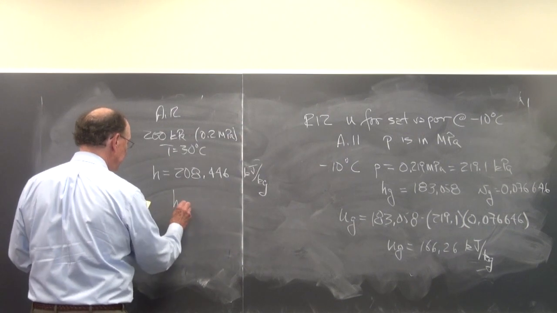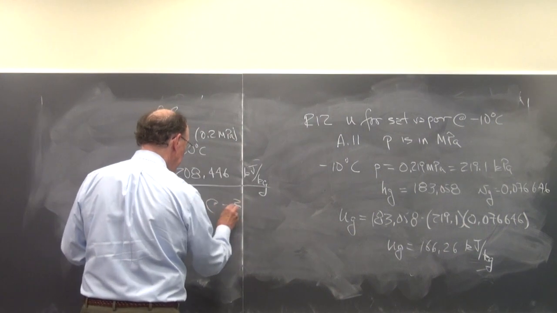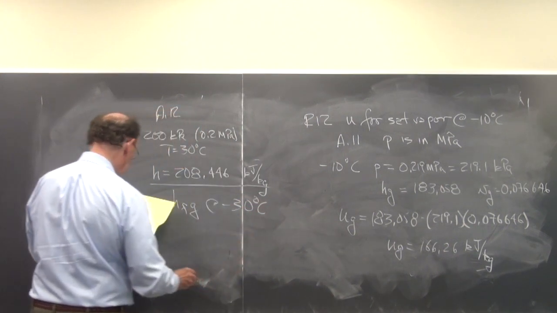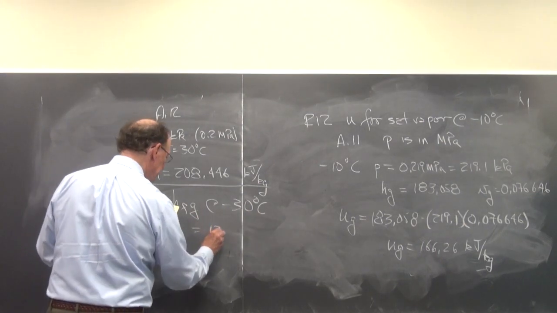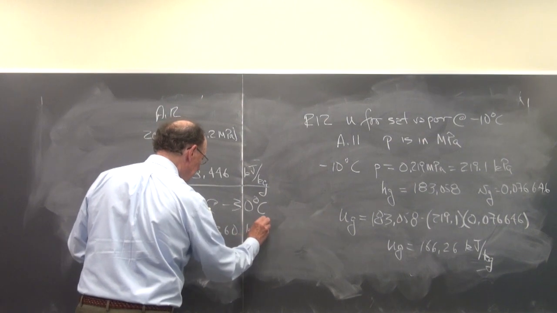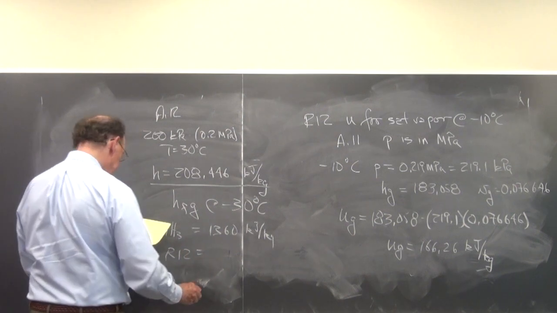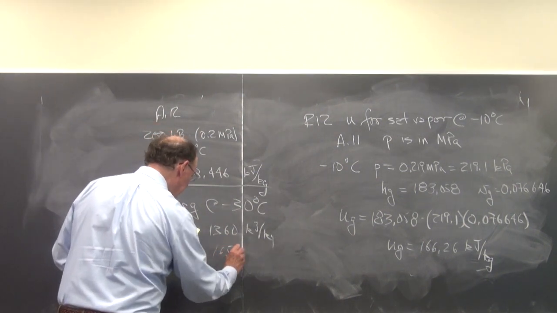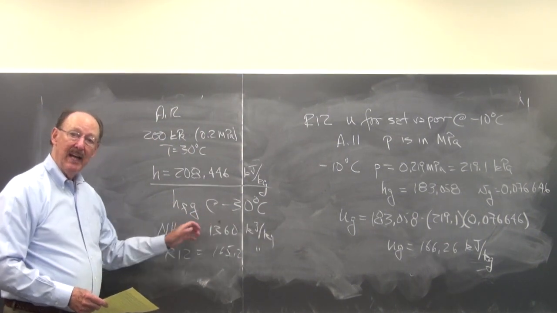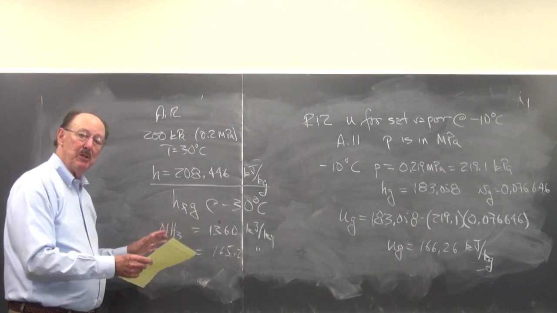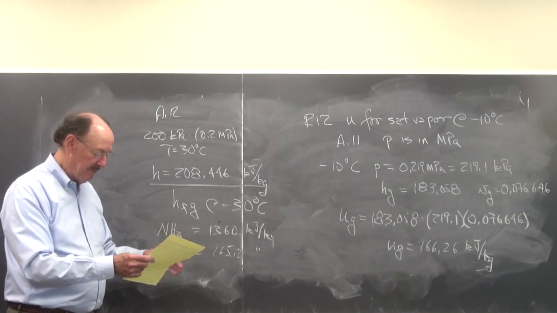So let's look at h_fg at minus 30 degrees C. For ammonia, it's equal to 1360 kilojoules per kilogram, and for R12, it's equal to 165.2 kilojoules per kilogram. So we notice that ammonia has a much greater heat capacity per unit mass as it moves from liquid to vapor.